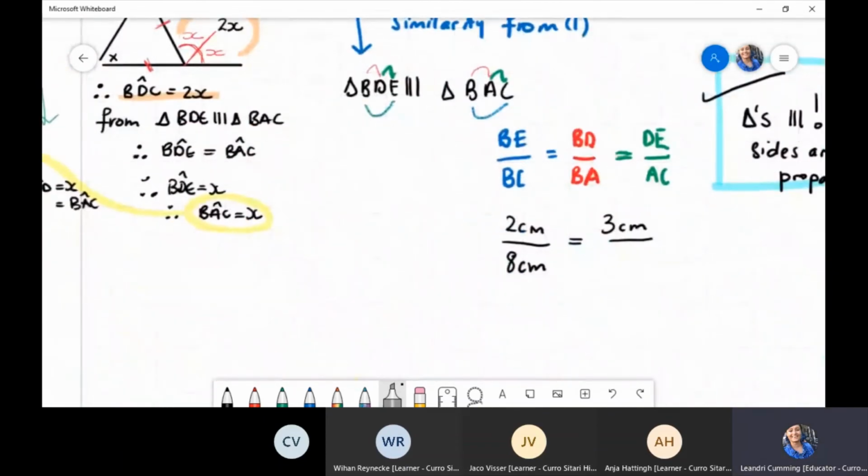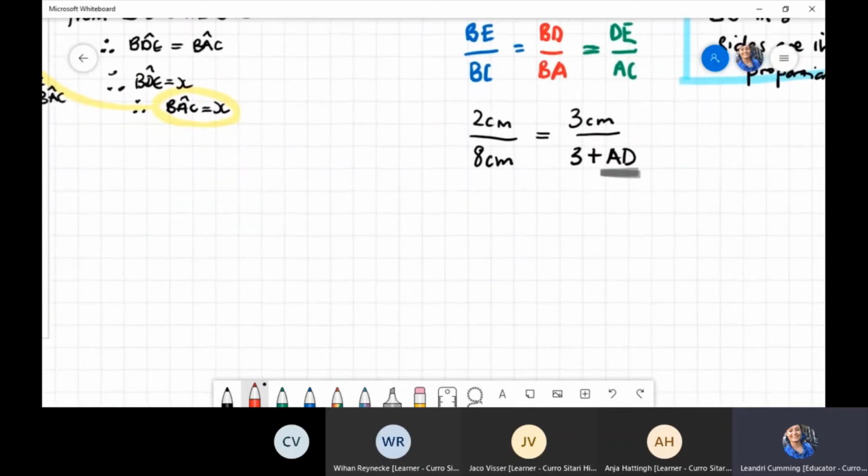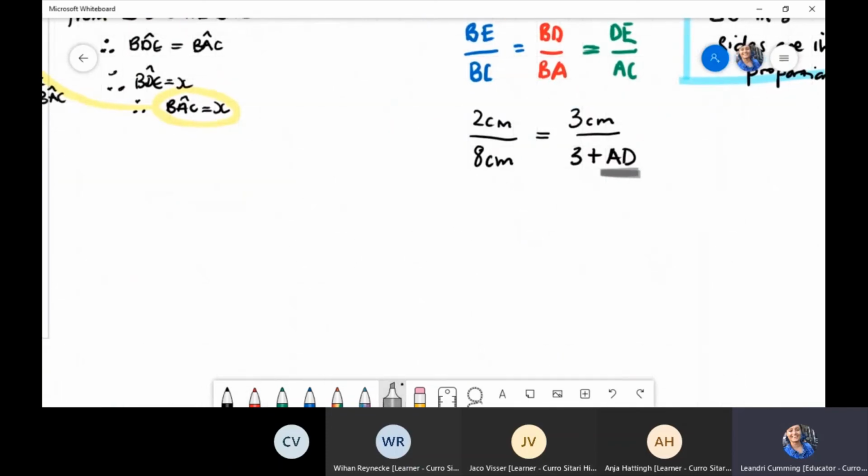And then I only have one unknown in this little equation, so I'm going to be able to solve for AD out of this equation. And I've made a note on your memo that I uploaded yesterday that you are allowed to use cross products. Think of this as a unit and think of cross products, because we have one fraction equal to one fraction, which allows me to perform cross products.